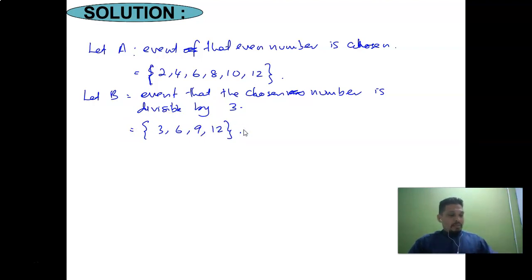Okay, so then the first question: find the probability that the integer is an even number or is divisible by 3.